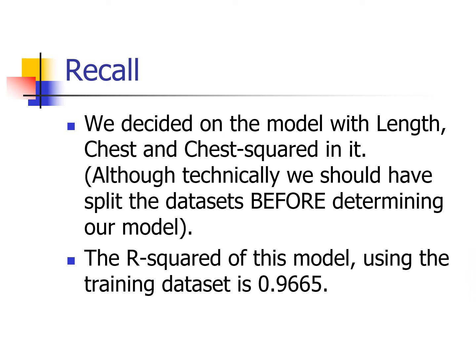Now, I'm trying to keep this particular PowerPoint simple. So I'm going to stick with the model we derived last PowerPoint, which was length, chest, and chest squared. This is technically cheating, right? Realistically, we should have split our data set before determining the model. Are we okay with that?